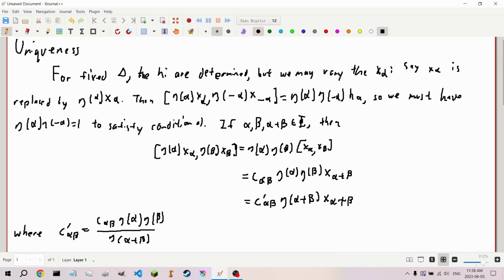Now, using our inverse that we constructed before, we also need that this must be equal to c_alpha,beta of eta_alpha plus beta over eta_alpha eta_beta. So that the product of eta_alpha and eta_beta is plus or minus eta of alpha plus beta.